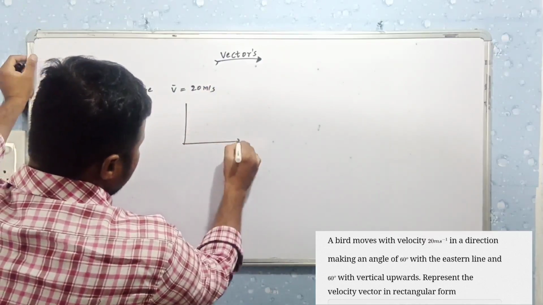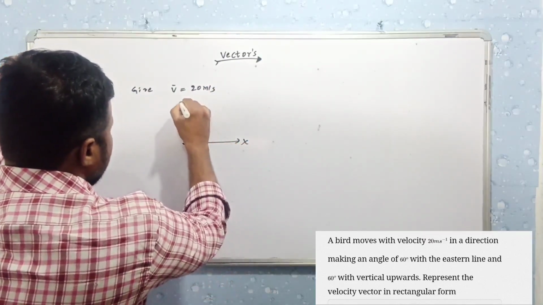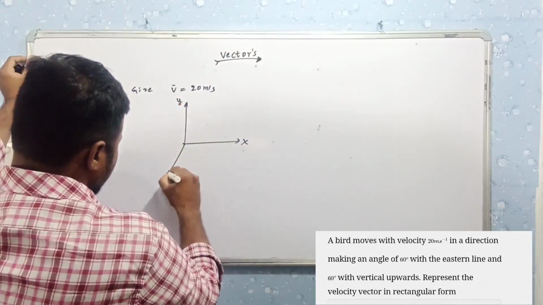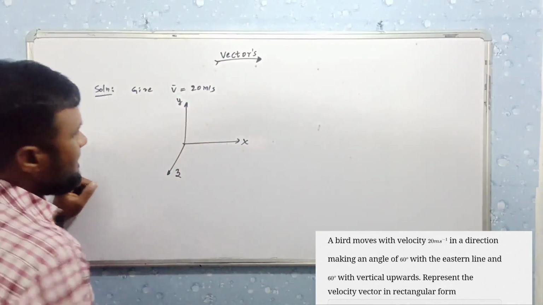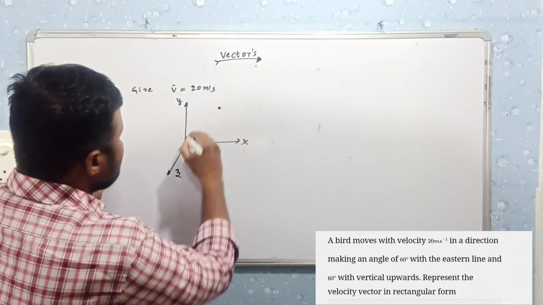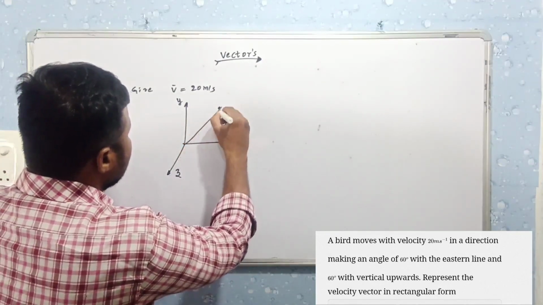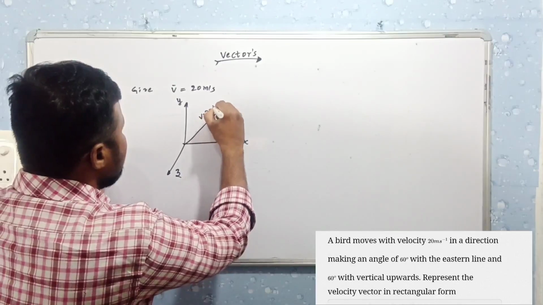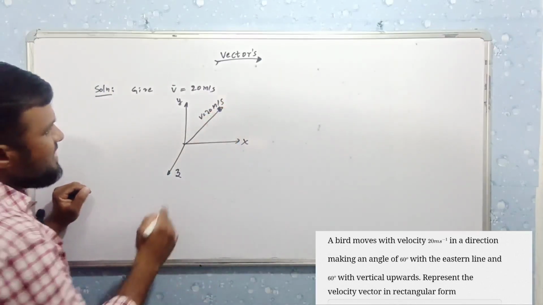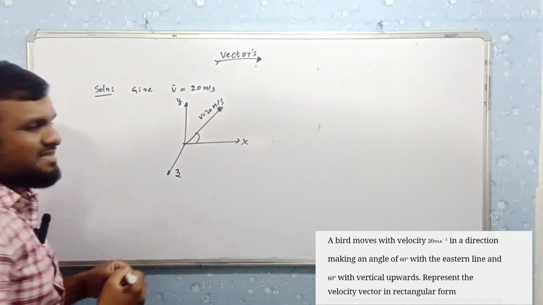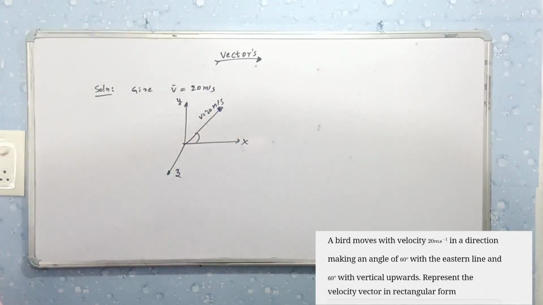Let us imagine the situation: x-axis, y-axis, z-axis. This is z-axis. Body is moving 20 meter per second. It is making an angle 60 degree with the eastern line.